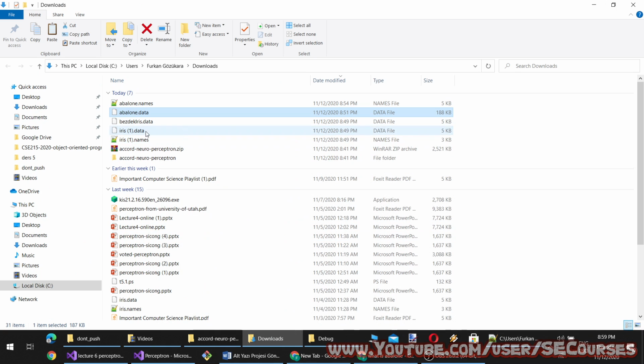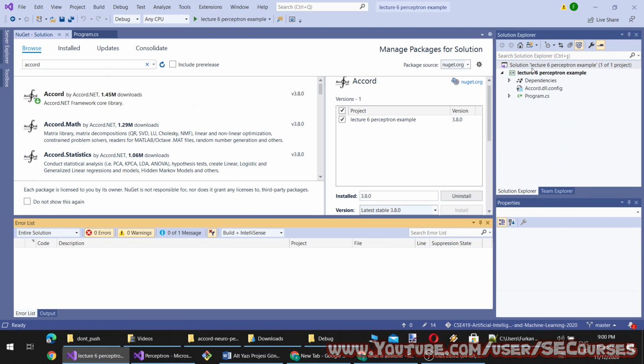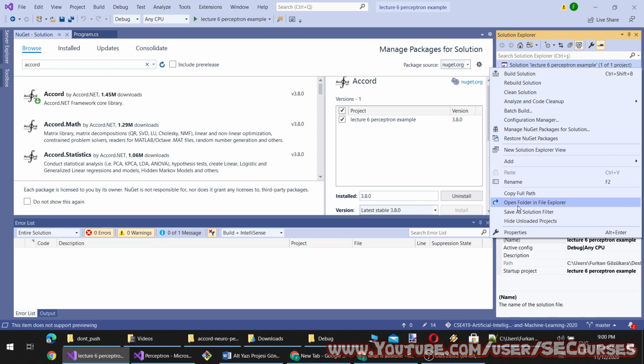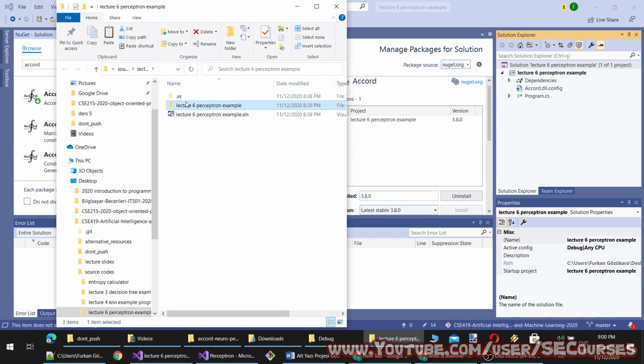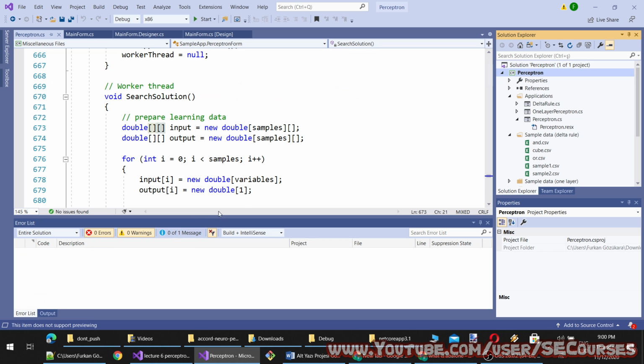Okay, so I am going to use this. I have copied this and I will paste it into our project's binary folder here. Okay, so now let's first compose the input data.